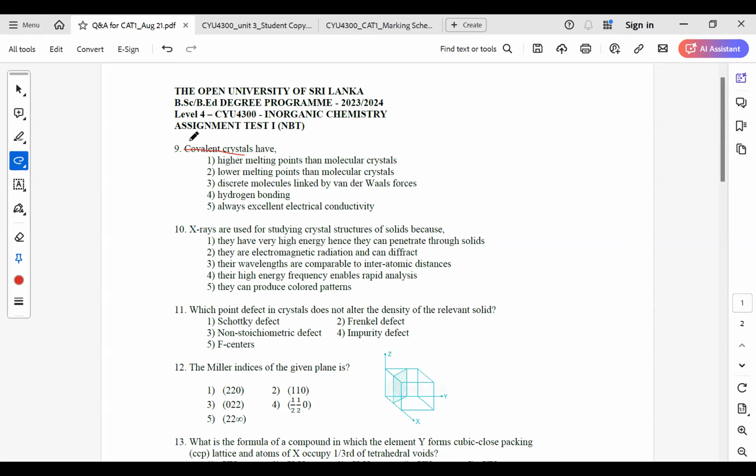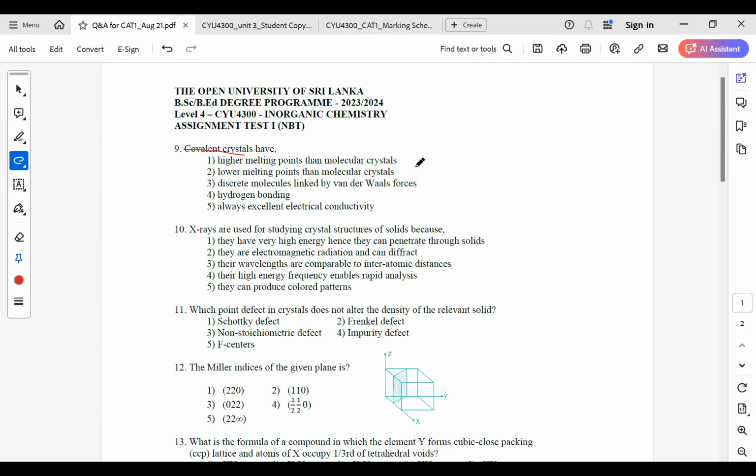What do you expect in covalent crystals? So, the atoms are shared. Then, madam, high melting points.